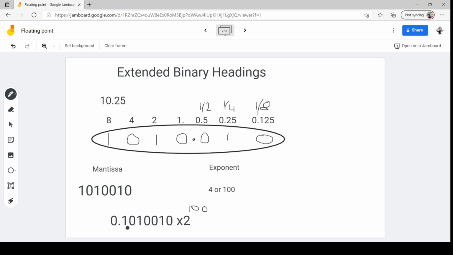And that is your complete floating point number. So that is 10.25, and how it will be represented using floating point, stored in the computer as the mantissa and the exponent of 100.